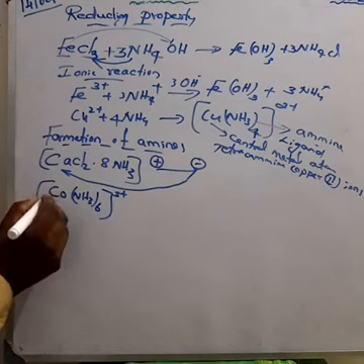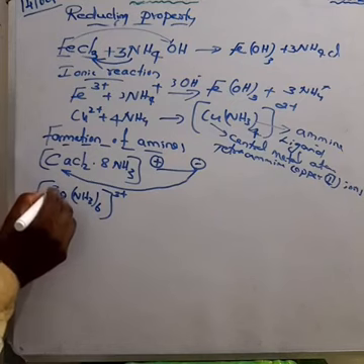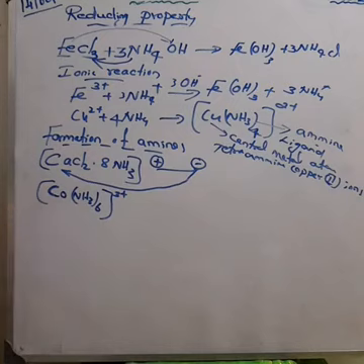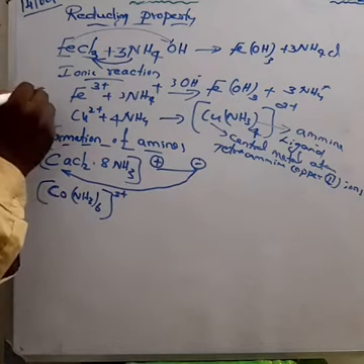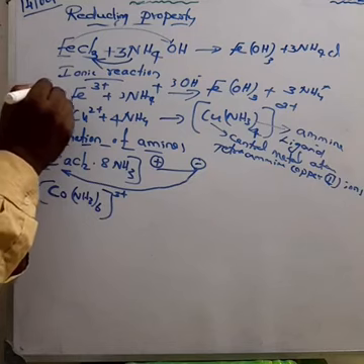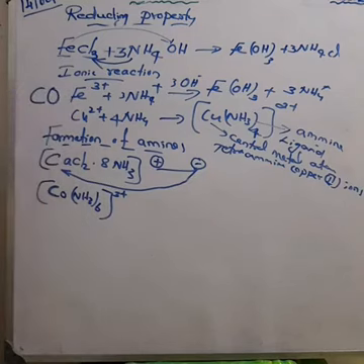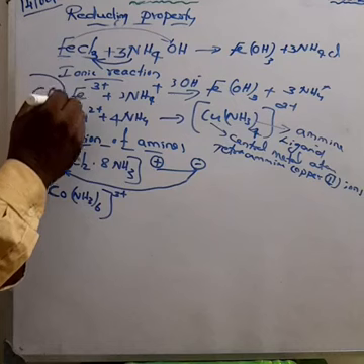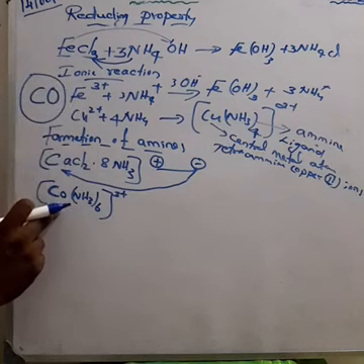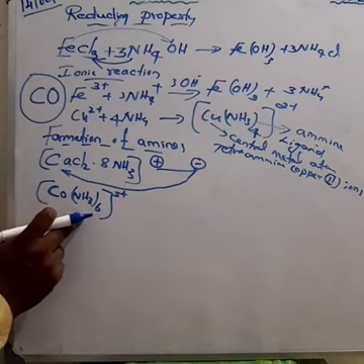Co means cobalt. Capital C small o means cobalt. Capital C and capital O means carbon monoxide. Don't forget that.